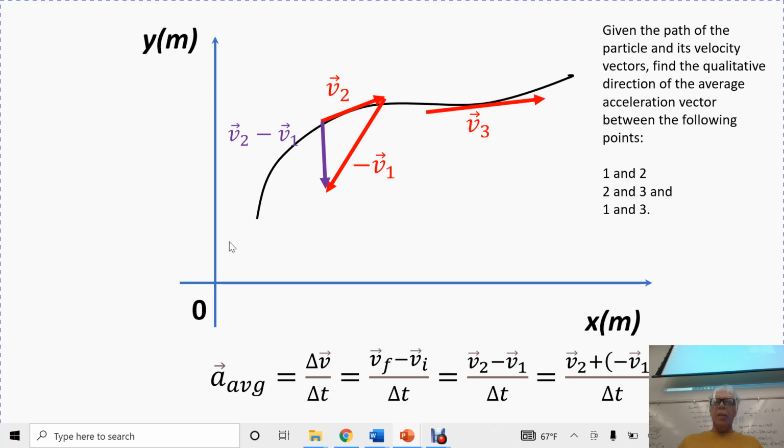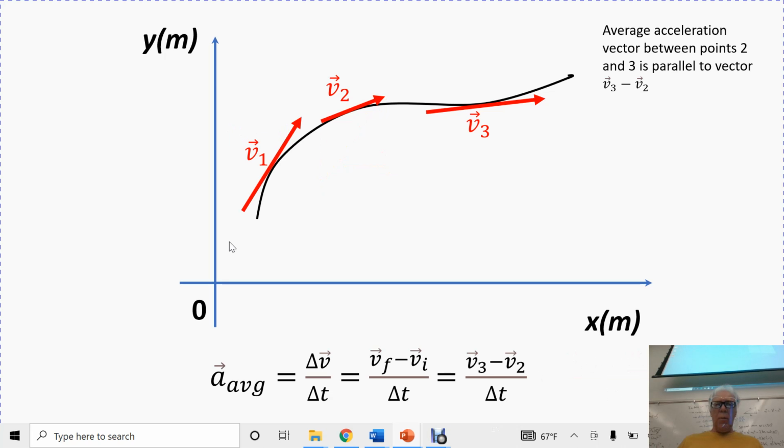Then you can do the same for the other ones, between points 1 and 2, 2 and 3, and 1 and 3. Now we're doing between 2 and 3. Between 2 and 3, the vectors are almost parallel to one another.